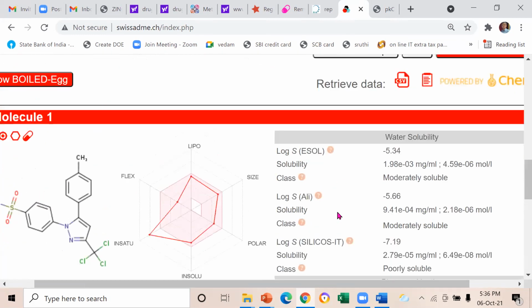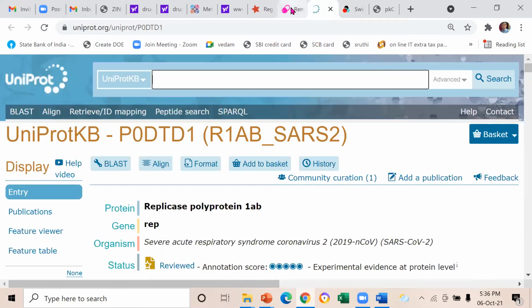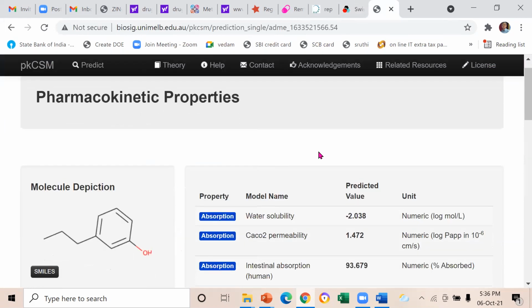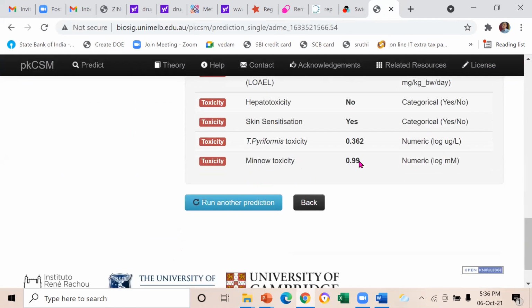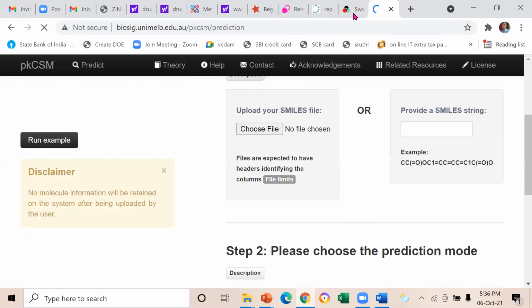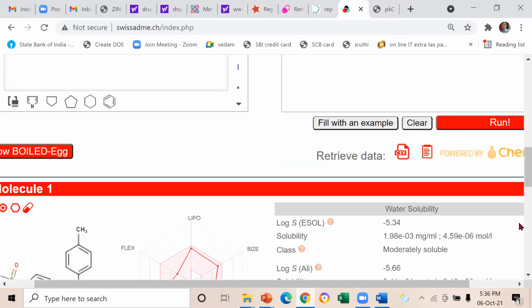Different properties we can calculate for this molecule. Then I can use this software also, and look at the toxicity properties of this chlorine-substituted compound.